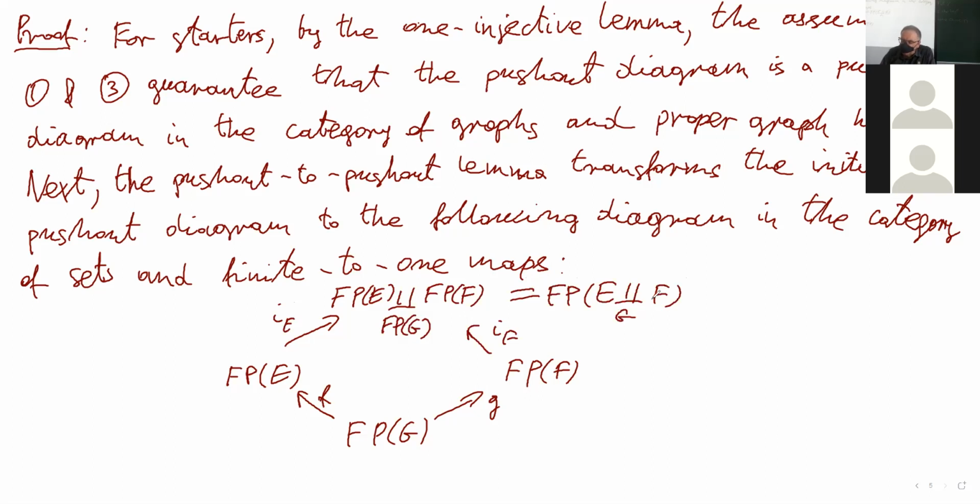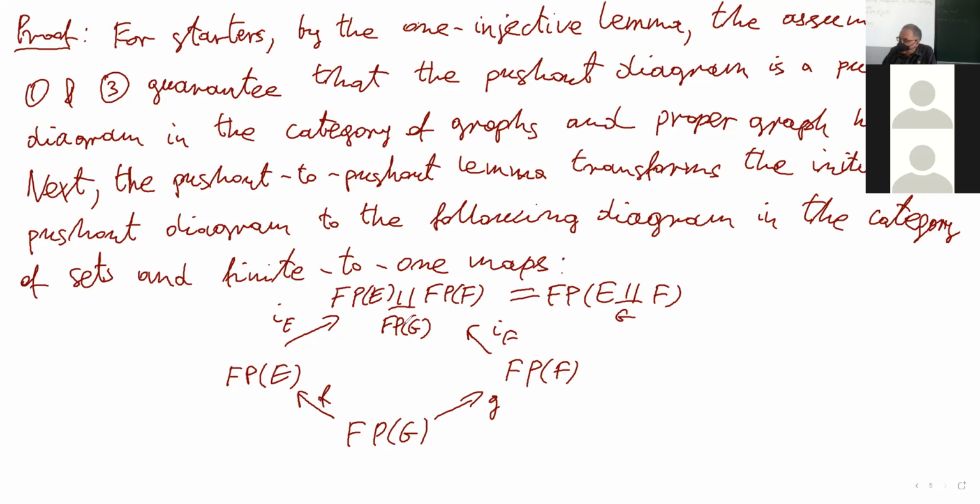So then we can view these canonical iota maps combined with this identification as pullbacks, sorry, not pullbacks, push forwards, in fact, of the canonical maps going from E to the push-out graph and from F to the push-out graph. Remember, FP is a covariant functor.